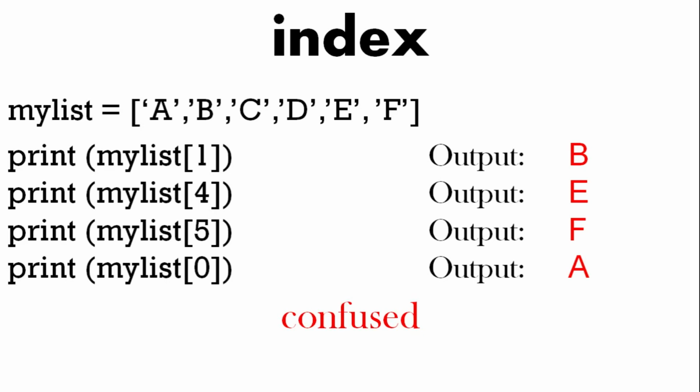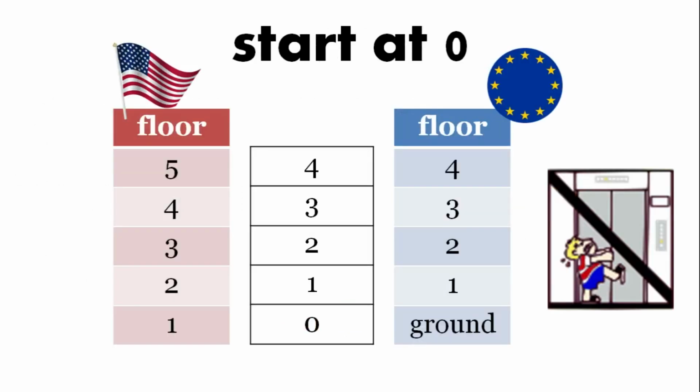Confused? Well, here's an analogy. An elevator. In America, the ground floor starts at 1. The next floor up is 2. Next floor 3, then 4, then 5. So you start off on floor number 1.